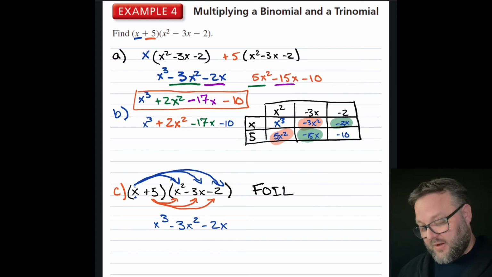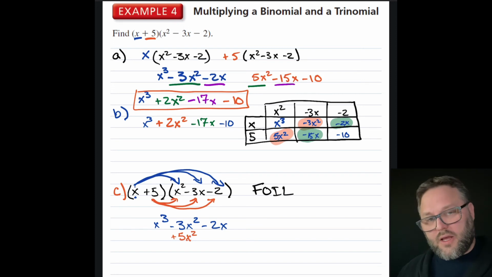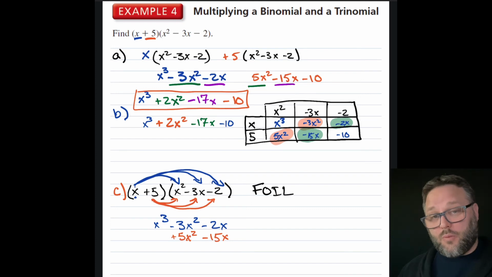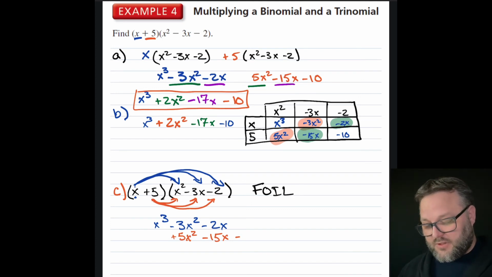So here I get 5 times x squared. That gives me a positive 5x squared. I'm going to line that up with the other x squared because I know I'm going to have to combine them. 5 times -3 gets me -15x, and I'm putting it here because it also keeps 1x. And then I have 5 times -2, which is -10.